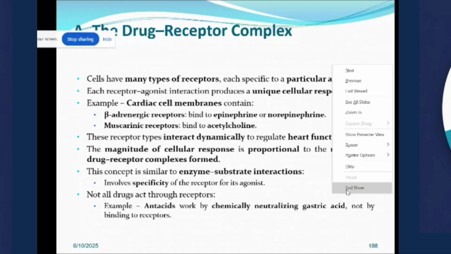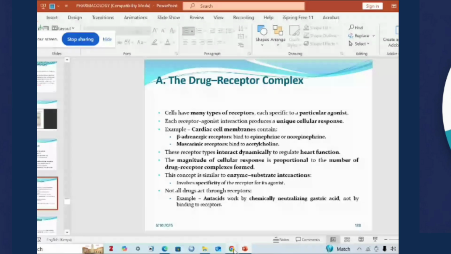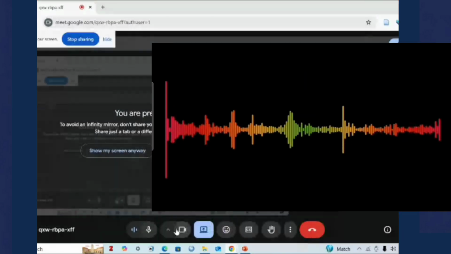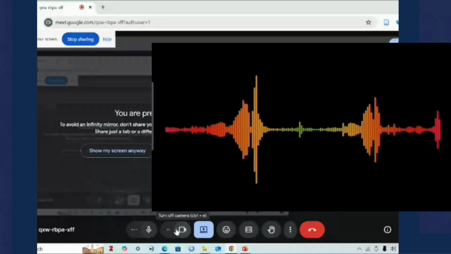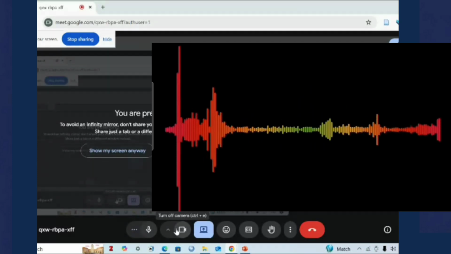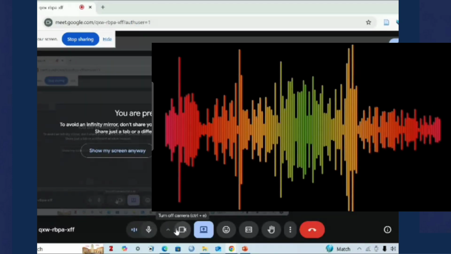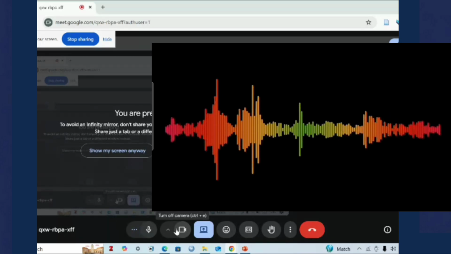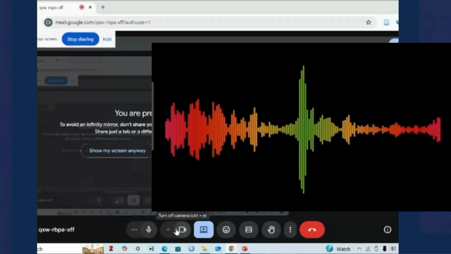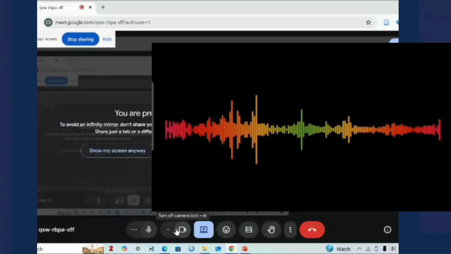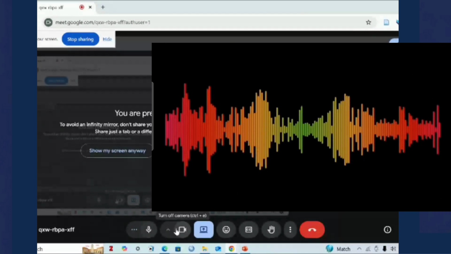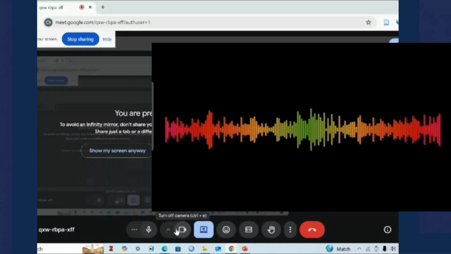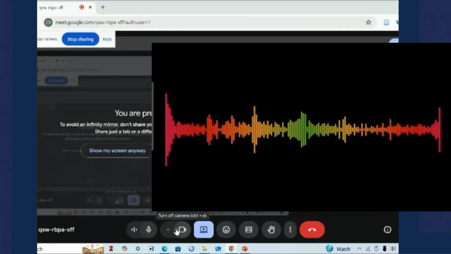While we are there, I will ask, what is the effect of sympathetic stimulation on the heart? Clinton? The sympathetic stimulation increases heart rate. Great. How about the force of the heartbeat?